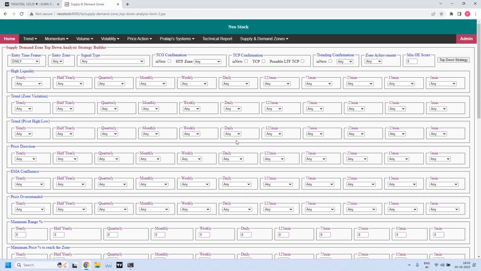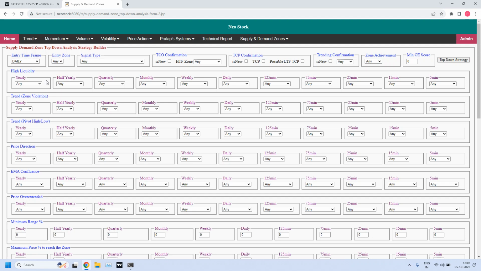Instead of going through all the 201 stocks to find the high liquidity zones, if I have the complete list before me, it is easy for me to study and analyze. You might feel like that sometimes. So that is the reason why let me generate high liquidity demand zones. First, I will look into the demand zones, then I will look into the supply zones.